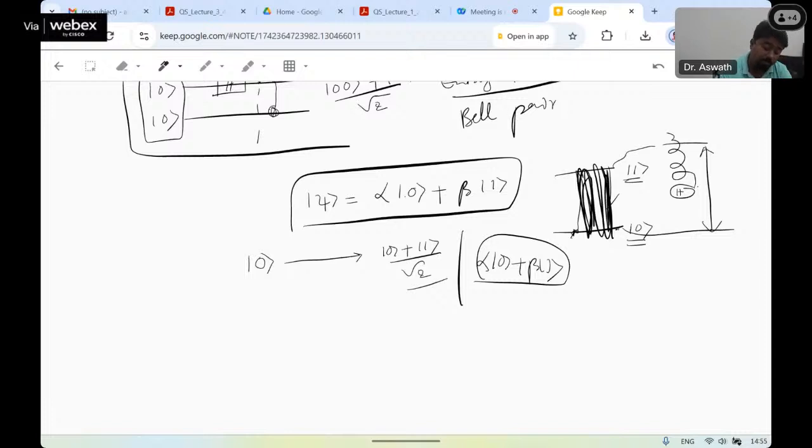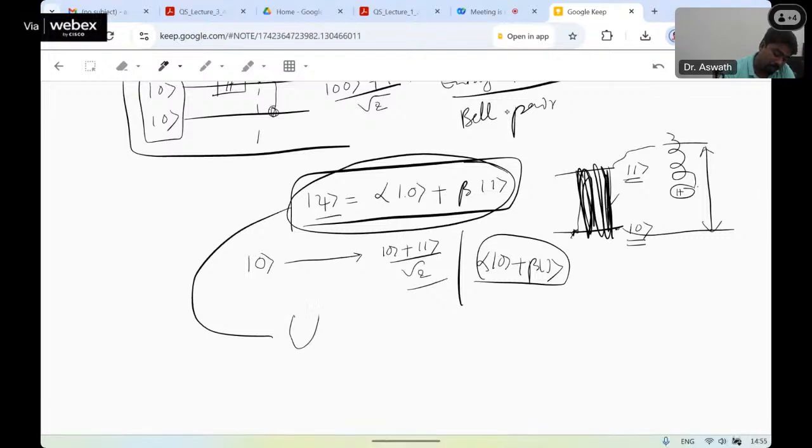How much this external impact is causing on this superposition, I would know by exposing it to a unitary operator, where the unitary operator is exponential of minus i times total Hamiltonian times t by h-bar. This is the unitary operator.